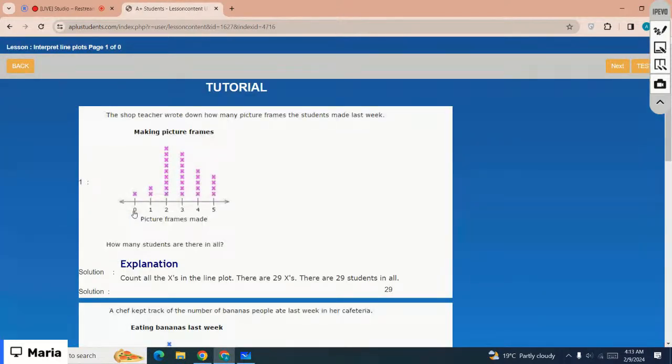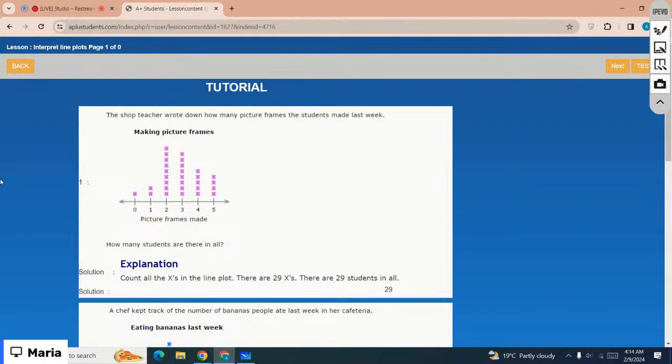Okay. The shop teacher wrote down how many picture frames the students made last week. How many students are there in all? You need to calculate all the students, right? You need to count all the x's in the line plot, right?